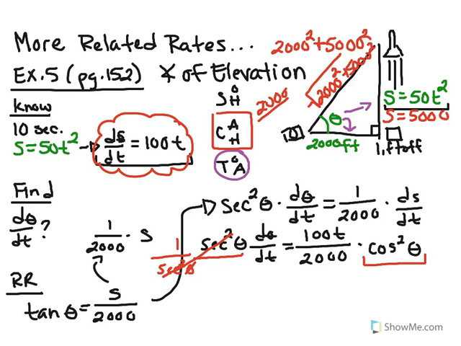Okay, so we are almost finished with this problem, and I'm going to say that d theta dt equals 100 times t, which we know right now to be 10.